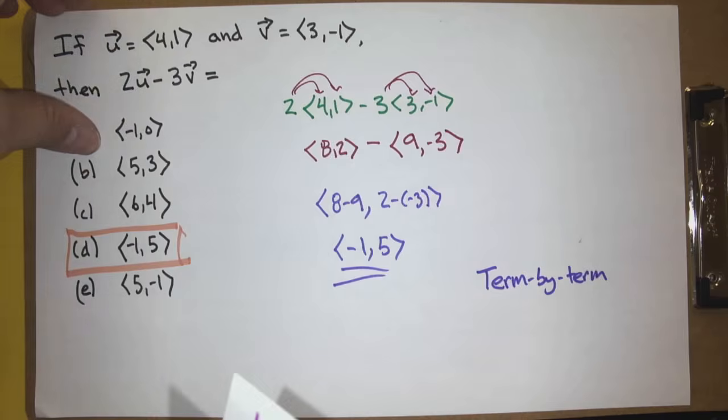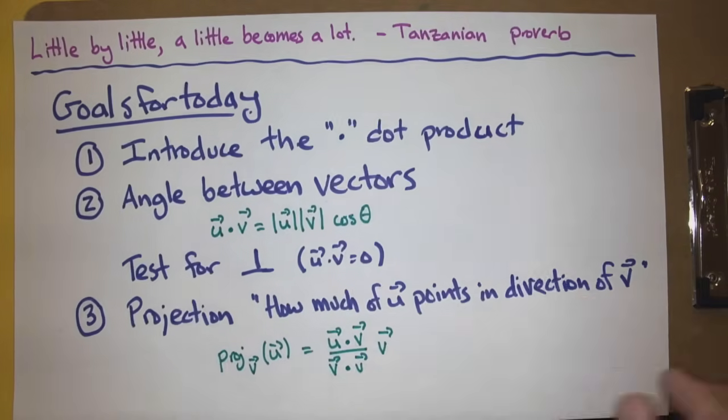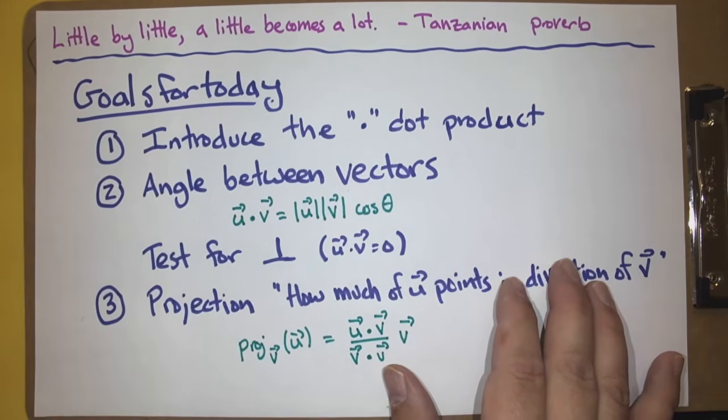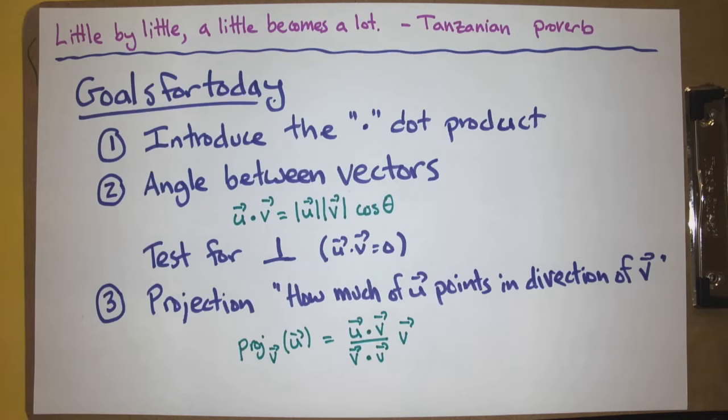All right, well, where are we going? Our thought for the day, little by little, a little becomes a lot. A proverb from Tanzania. Well, of course, this same idea shows up in a lot of cultures, a lot of places. And that is, most progress is incremental.